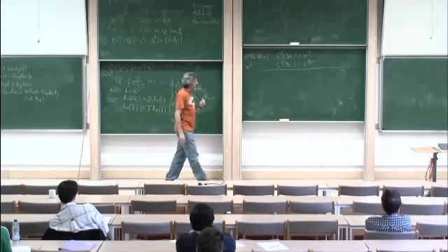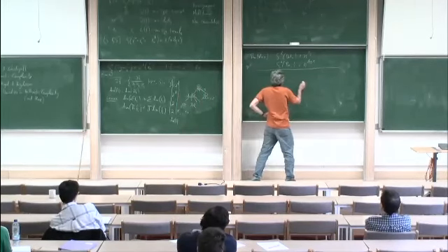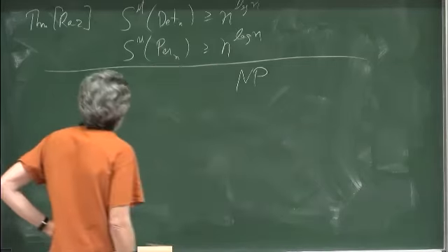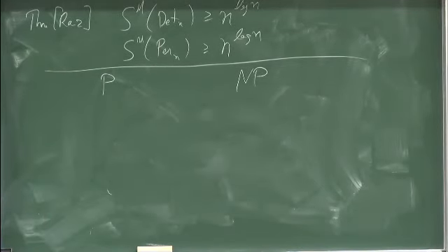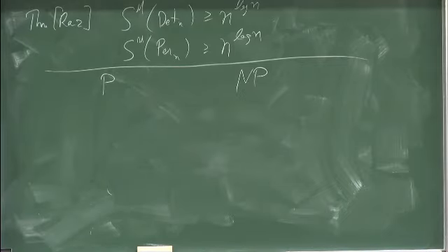Okay, so we have these classes P and NP, and I'm sure you've all seen them and you like them. They are classes of Boolean functions, classes of problems that can be computed in polynomial time.